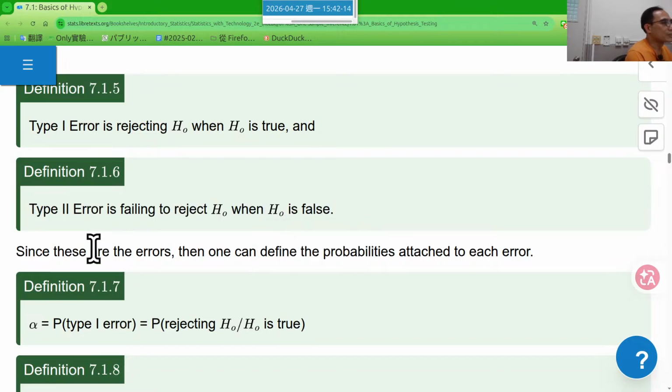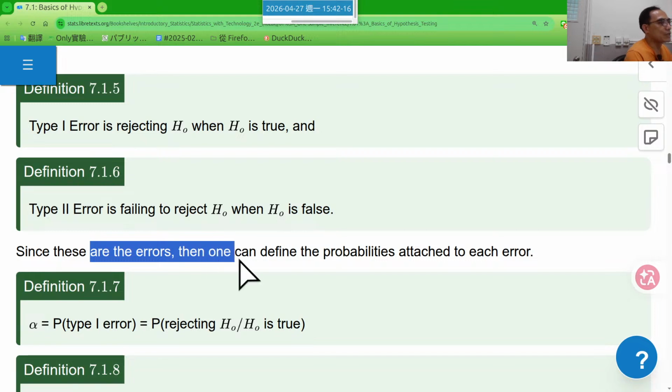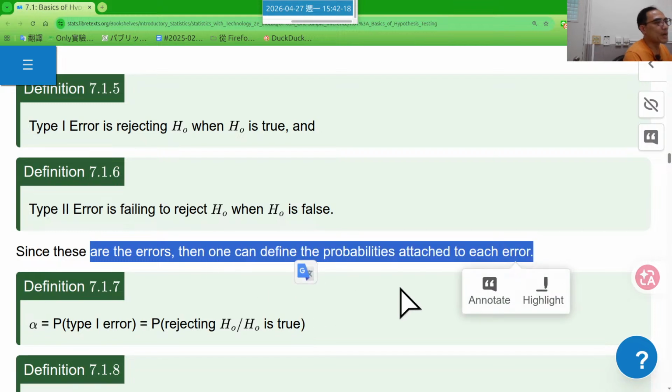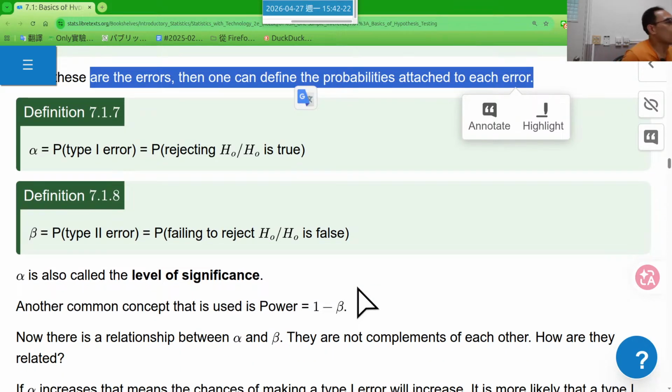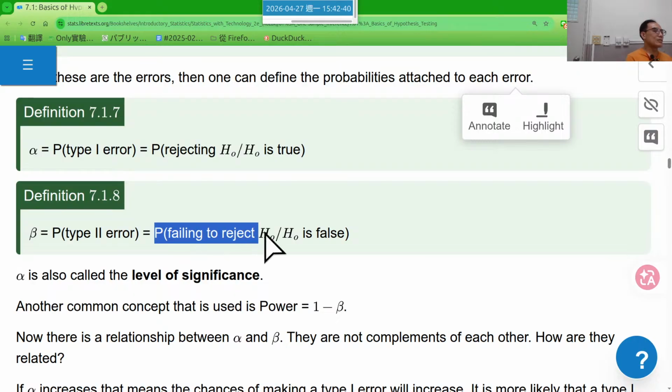Since there are these errors, we define the probability attached to each. Alpha is the probability of type 1 error: rejecting H0 when H0 is true. Beta is the probability of type 2 error: you did not reject H0 when H0 is false.